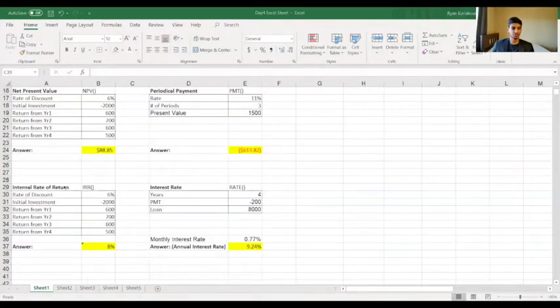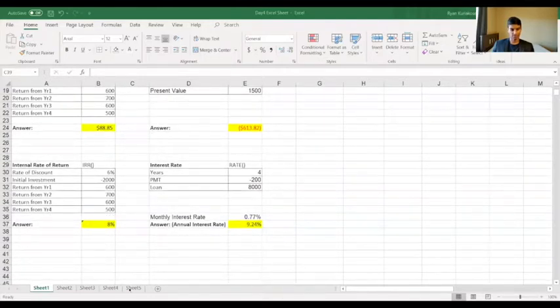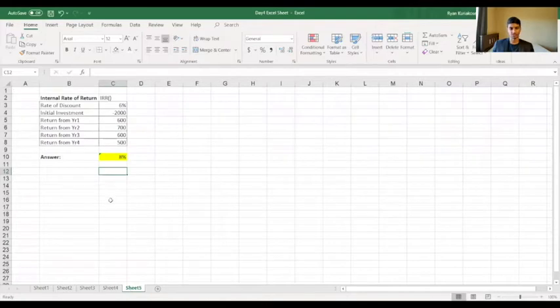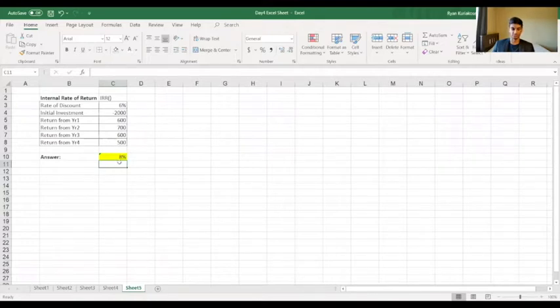So if we move on to the internal rate of return, which is very similar to a net present value question, we can see the internal rate of return is essentially what your discount rate would be if your net present value was equal to 0. So the formula essentially takes in your different cash flows, including the initial cash flow that you put in, and it'll make your net present value equal to 0 and give you a discount rate of what the internal rate of return would be if net present value was 0, which is 8%.